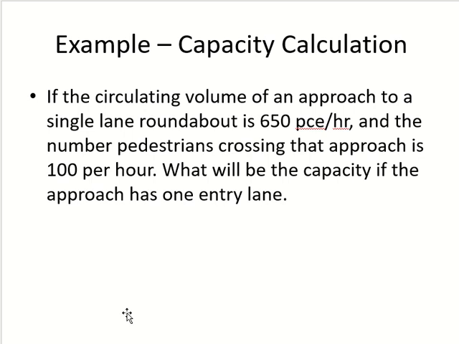So we have circulating volume 650 and the number of pedestrians crossing is 100 and the approach also has one lane. Single lane roundabout, approach is one lane, the circulating volume is given, number of pedestrians are given. Clear? Okay, we have to find out the capacity. And since pedestrian movement is there, we'll find out the adjusted capacity.